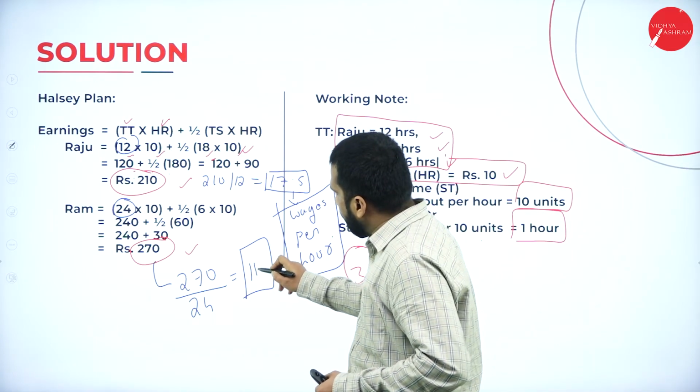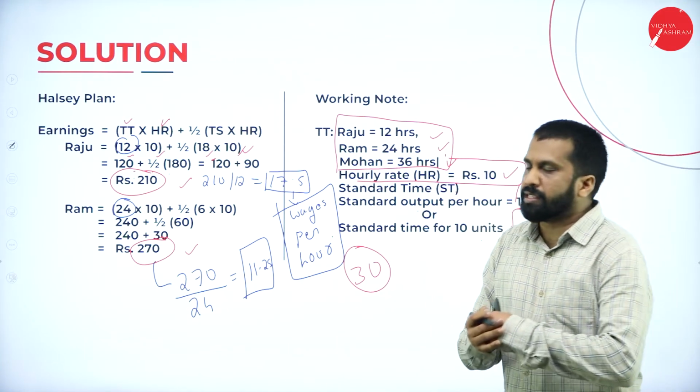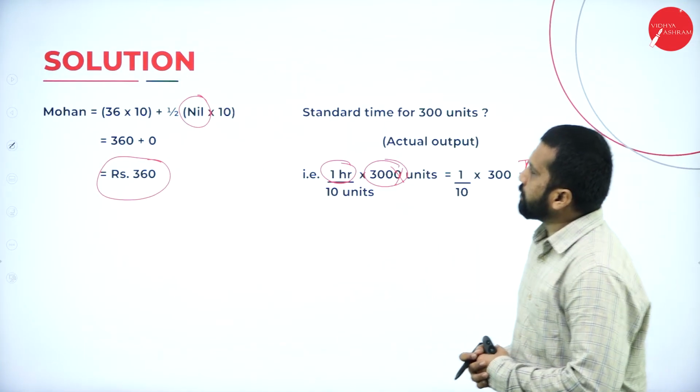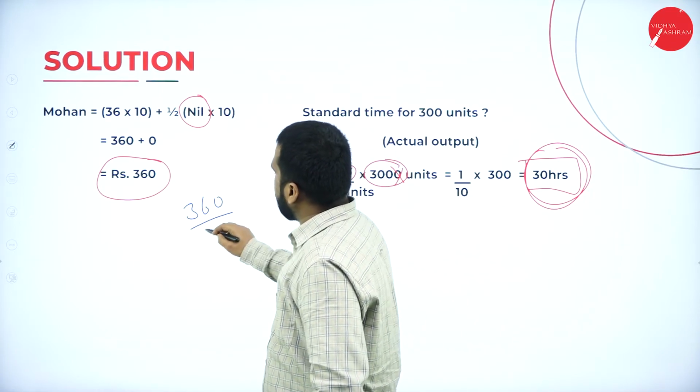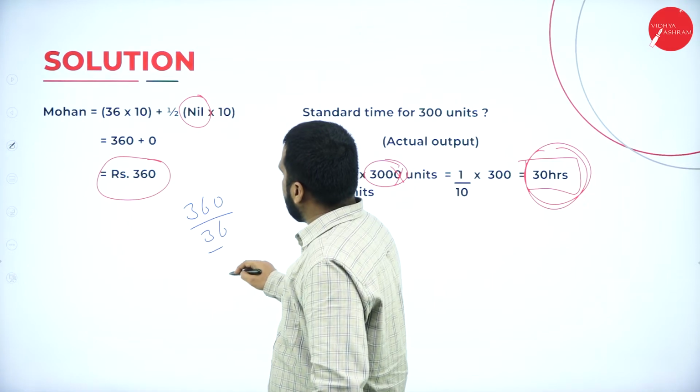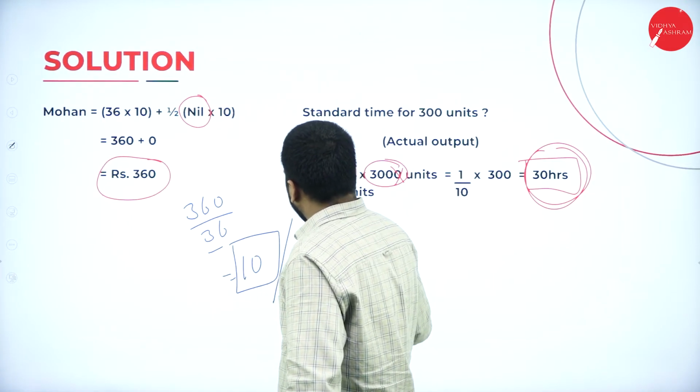He will get 11.25 per hour wages. Similarly, the last person, 360 divided by 36, he will get 10 rupees per hour.